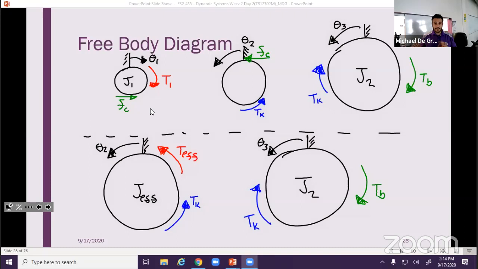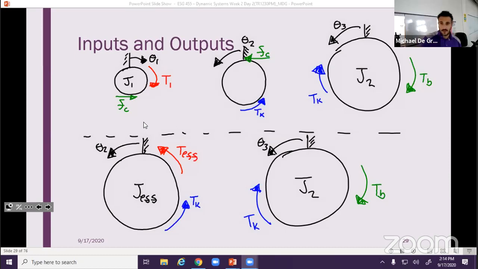They are equivalent methods. You will get the same answer. Why? Because they are equivalent. So if you feel more comfortable doing it with each of the 3 free body diagrams, do it that way. This is going to have some time savings associated with it, but it's not that much when we're talking about 3 free body diagrams versus 2.